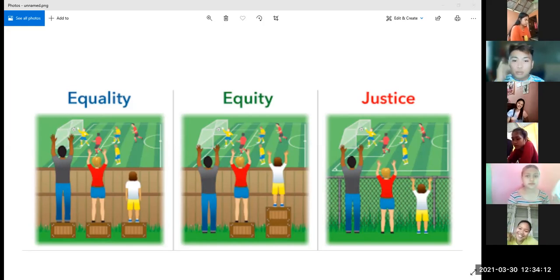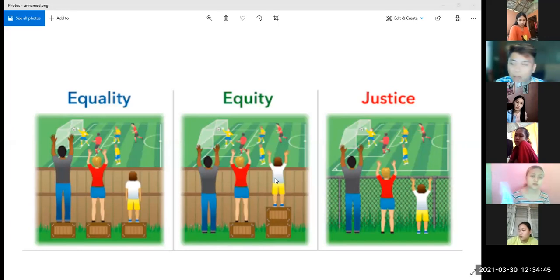And then when it comes to justice, you remove the barrier that hinders individuals in developing themselves. Kanino may bakod, binigyan mo ng tig-isang block. That's equality. Equity, may bakod pa rin pero binigyan mo ng 2 block at 1 block depending on their situation.